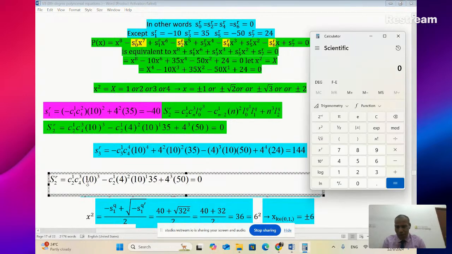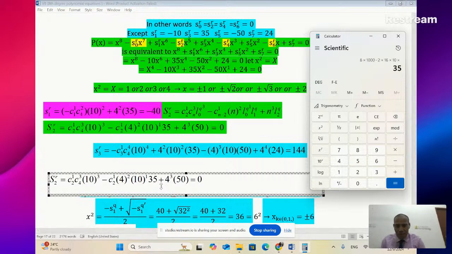So we told that 2 times 4 is 8. 8 multiplied by what? By 1000, meaning 10 cubed. I will write multiply by 1000. Okay. Minus 2 multiplied by 16, multiply by 10, multiply by 35.